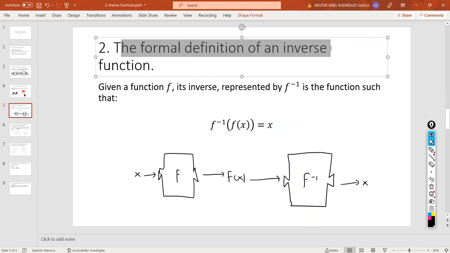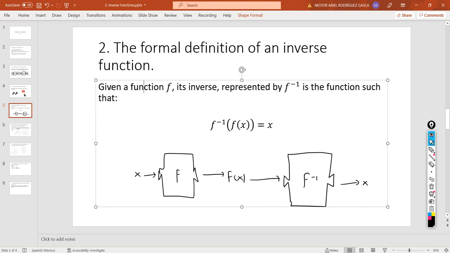Now what is the formal definition of an inverse function? Now that we know the concept, what is the formal definition? Given a function f, its inverse, represented by this symbol, like I already told you, is the symbol representing the inverse of f. How do we read this? F inverse. Not f to the minus 1, f inverse.